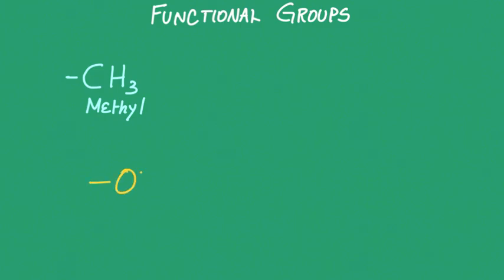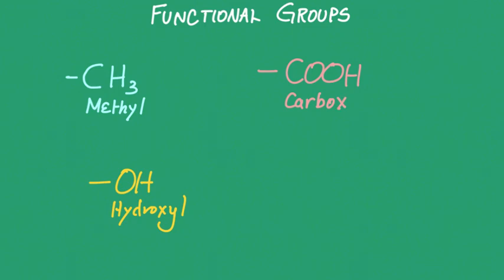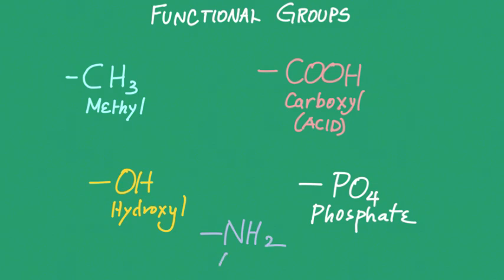The most important ones are methyl or CH3, hydroxyl or OH, carboxyl or organic acid, which is COOH, phosphate or PO4, amino or NH2. These are very important for you to remember because this will also help you to identify the different kinds of macromolecules.